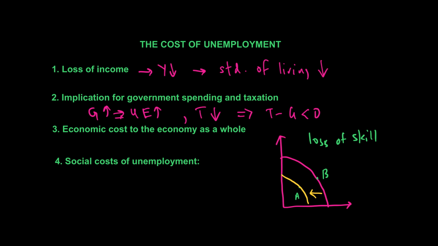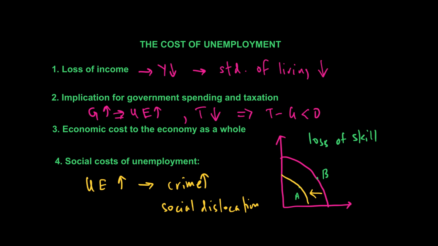The last one is the social cost of unemployment, where unemployment is linked with economic and social deprivation. So when unemployment goes up, there will be higher economic and social deprivation. There is a very strong relationship between rising unemployment and rising crime, or rising unemployment and rising social dislocation. Social dislocation simply means people will find increased divorce rates.